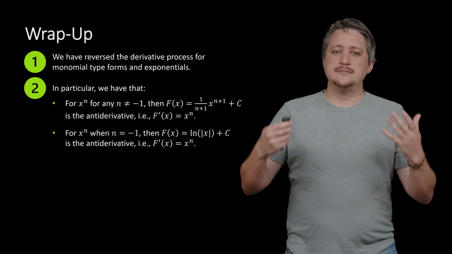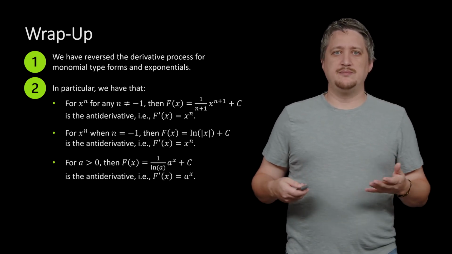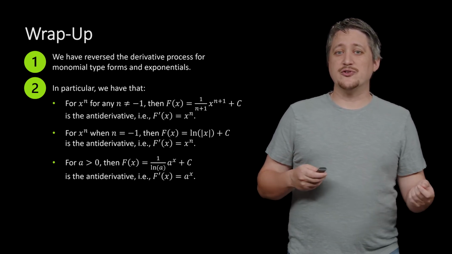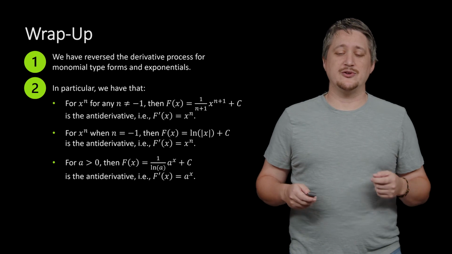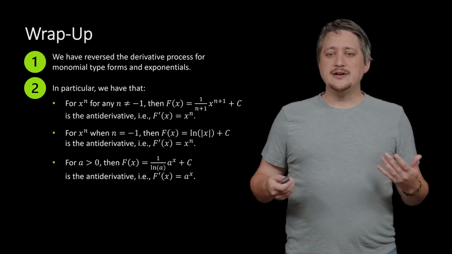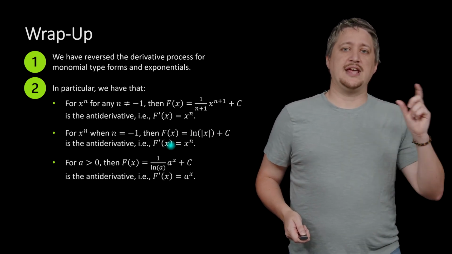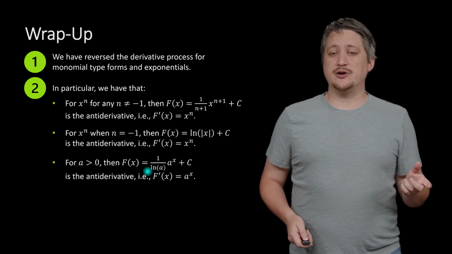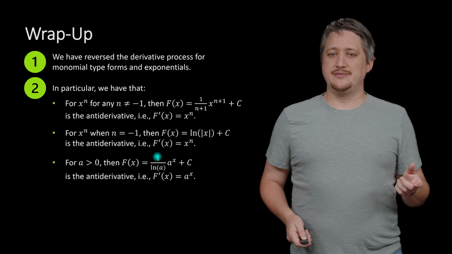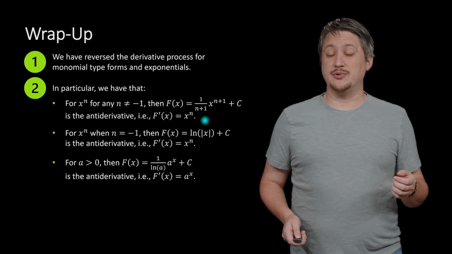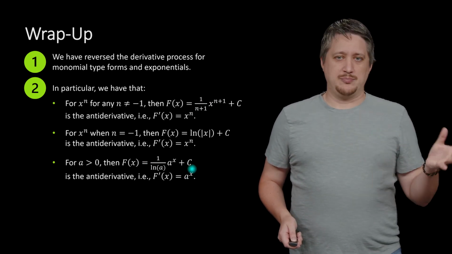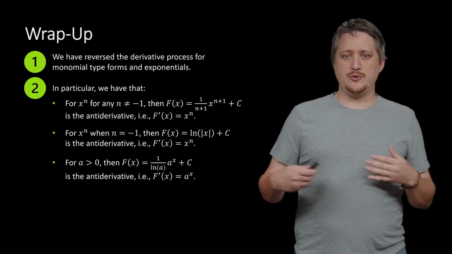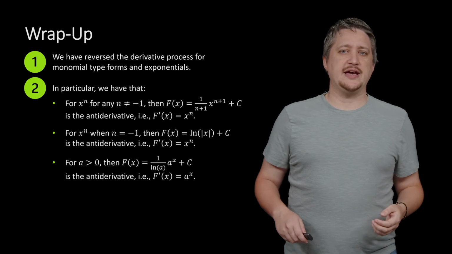All right. And last but not least, we have the reversal of the exponential version, right? As long as a is some positive value, then we can get the class of antiderivatives by having 1 over natural log of a times a to the x, so that we offset, just like that 1 over n plus 1 bit. And again, that plus c makes its appearance. And then if we take the derivative, we get right back to the a to the x form.